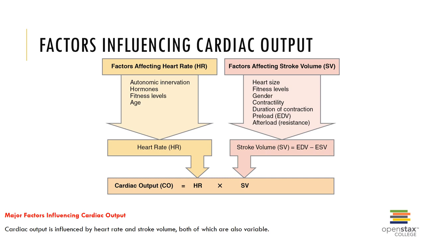Stroke volume, as you can see in the figure, is EDV, or end diastolic volume, minus ESV, or end systolic volume. Preload is the amount of myocardial stretch permitting the ventricles to fill, and is a factor which can affect stroke volume.